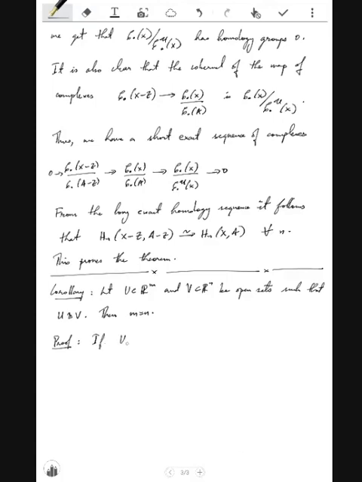So if there is a homeomorphism from U to V, then it follows that H_i(U, U minus P) is isomorphic to H_i(V, V minus P') for all i.